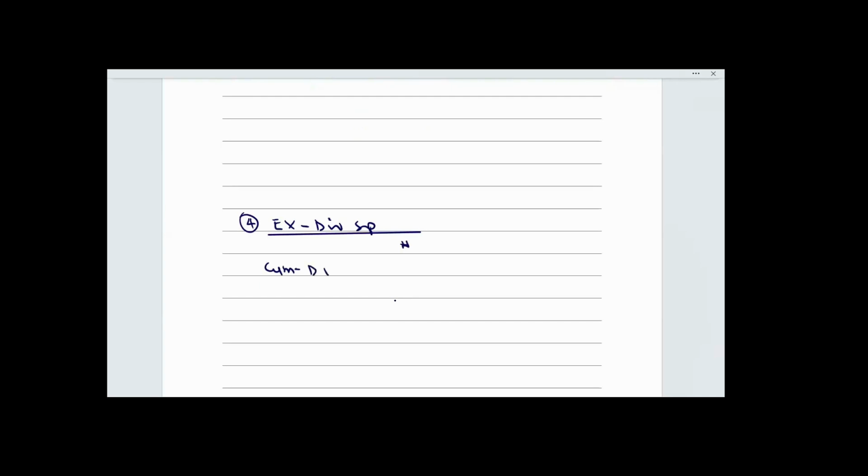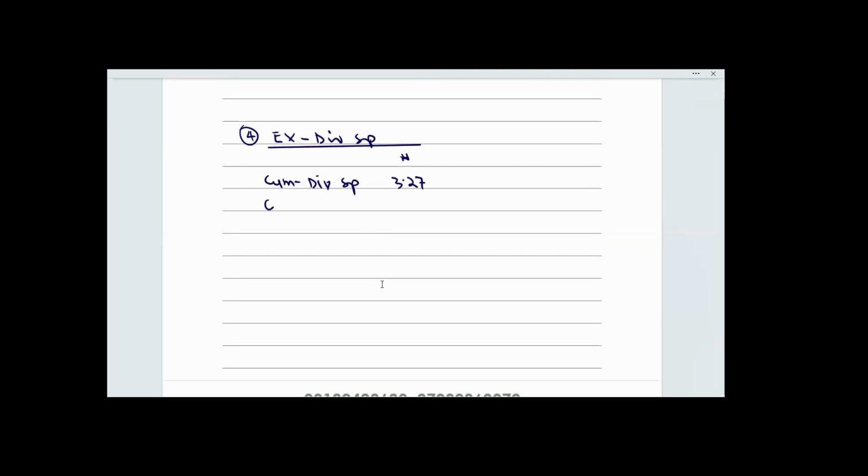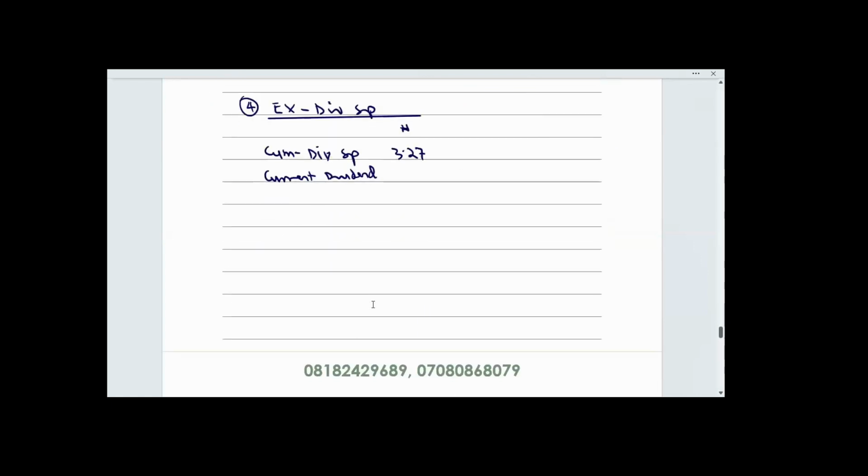Cum div share price of 3 naira 27 kobo. You know, cum div is the share price that includes dividend. So you less the current dividend. The current dividend per share we calculated is 27 kobo, 0.27. Minus that will give us 3. 3 naira is the XDIV share price.